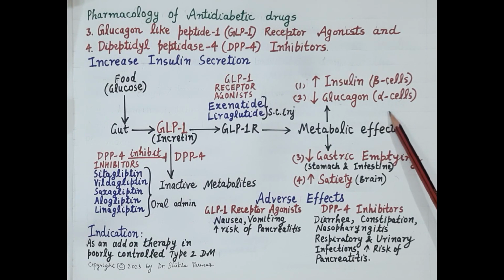Now, in addition to this, these drugs also reduce gastric emptying that causes sluggish or slow movement of food from the stomach to intestine. And these drugs also promote satiety, that is the feeling of fullness after consuming food.